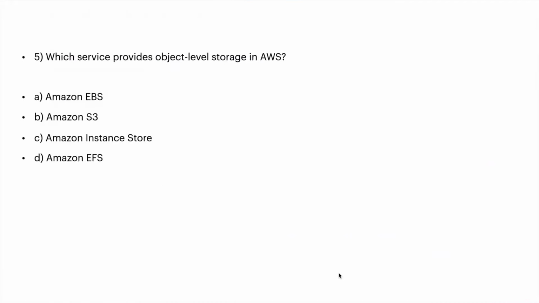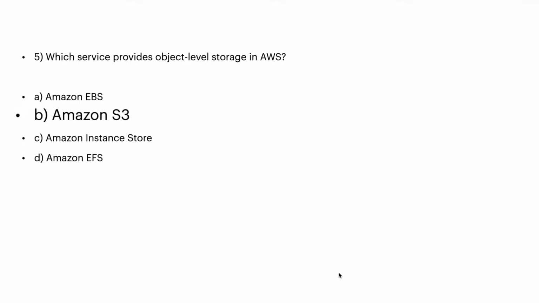Which service provides object level storage in AWS? A. Amazon EBS, B. Amazon S3, C. Amazon Instance Store, or D. Amazon EFS. The right answer is B, Amazon S3.